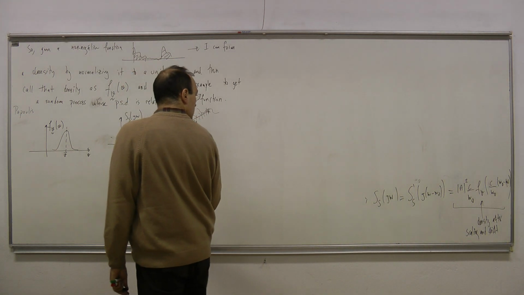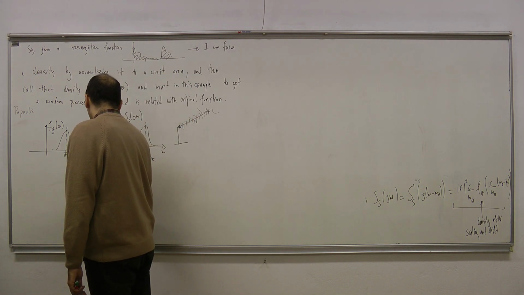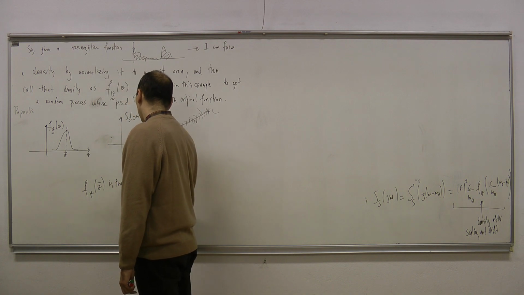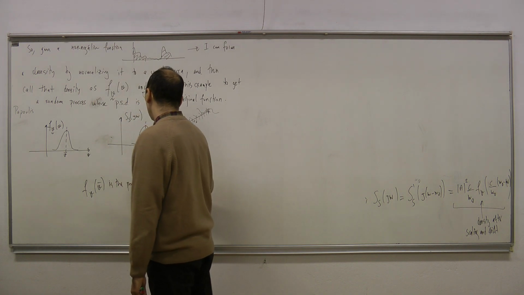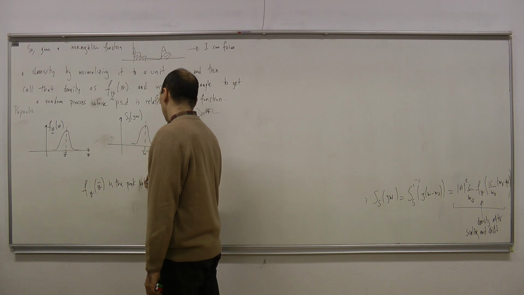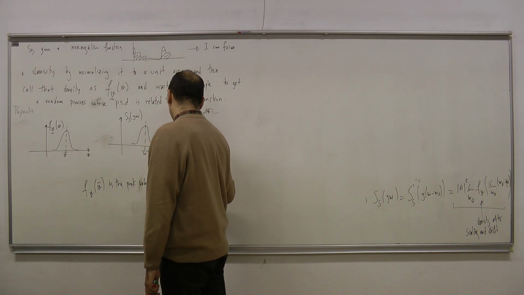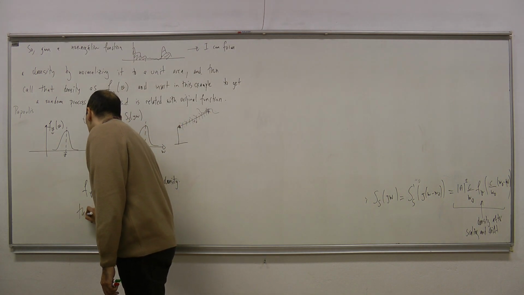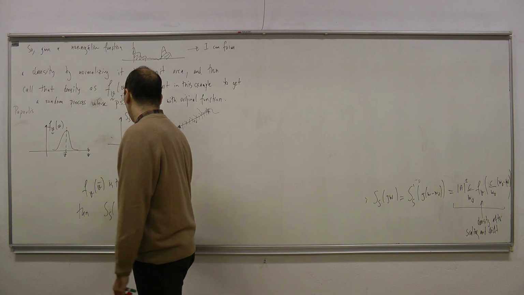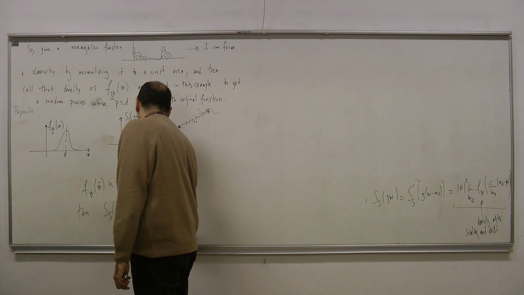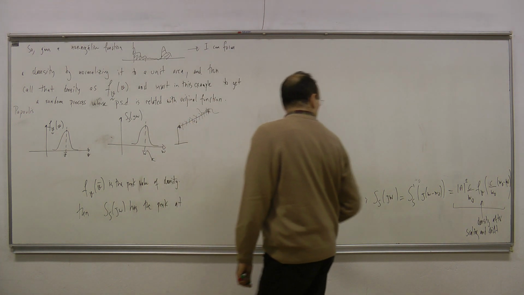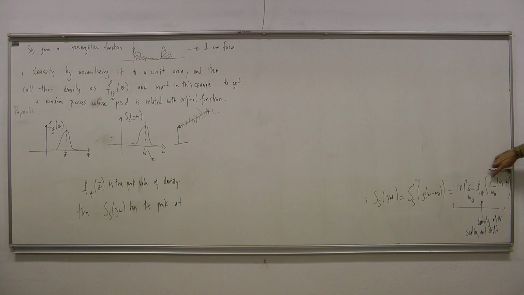So if this density, well, how should I write this? F_V of V bar is the peak value of the density. Then S_s(J omega) has the peak at, well, the argument of this function has to be equal to V bar, isn't it?